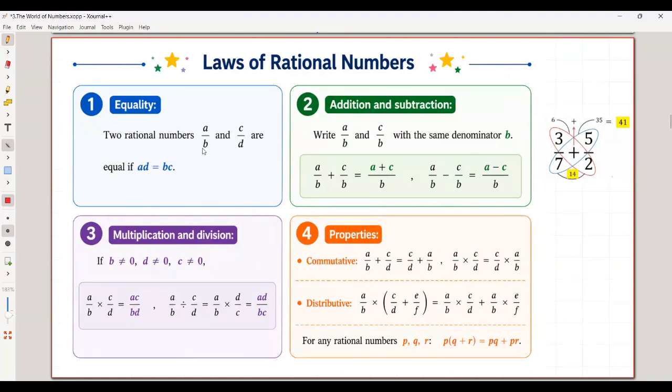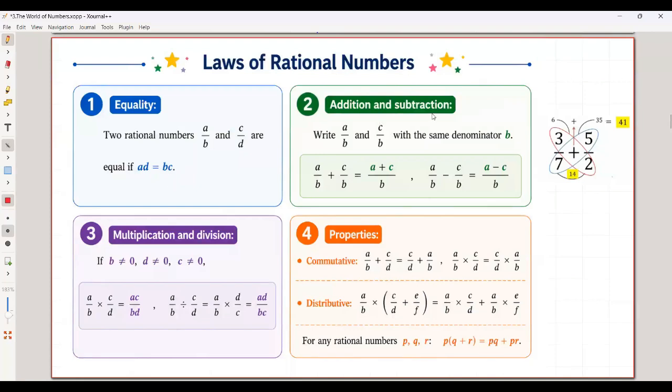Two rational numbers a by b and c by d are equal if ad is equal to cb. If you do the cross multiplication and ad is equal to cb, then the two rational numbers are equal. If a question is given, just do the cross multiplication and check whether they come out equal.